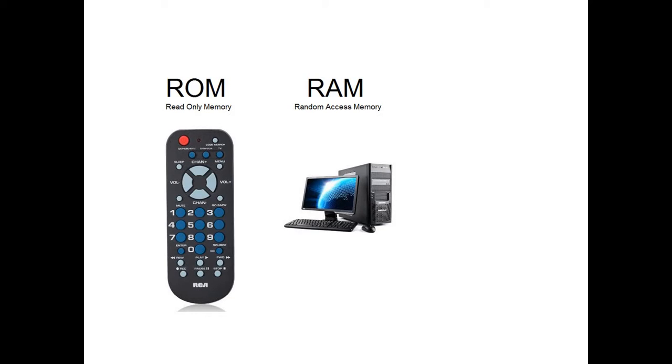RAM, on the other hand, is the predominant type of memory in computers. Computers that are designed for multiple purposes. You can play a game, you can work on a spreadsheet, write a document, go onto the internet. Things are always changing, it's always doing new and different things, and so it needs memory that it can write to and change on the fly as you're working or playing.